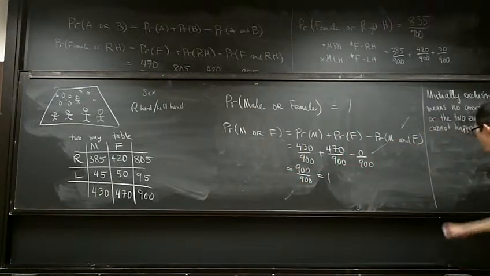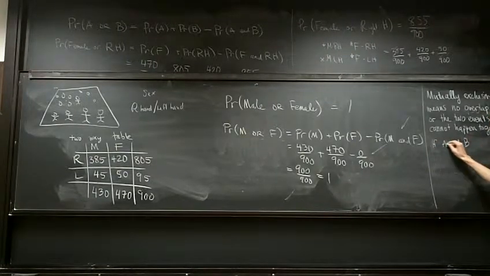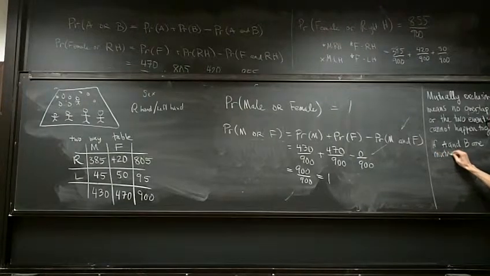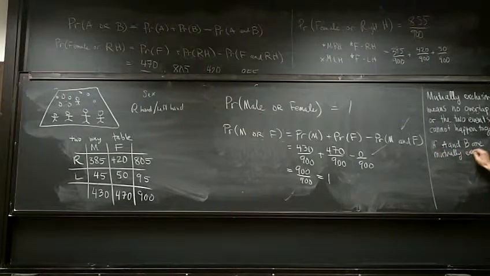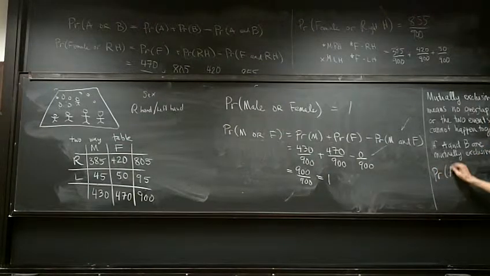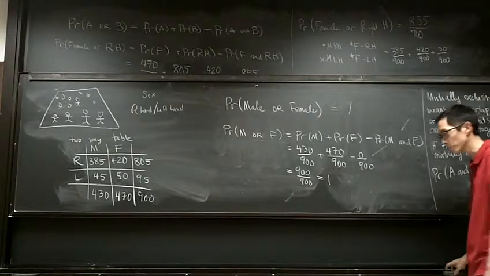So if A and B are mutually exclusive, that means the probability of A and B equals 0. That's the definition of mutually exclusive.